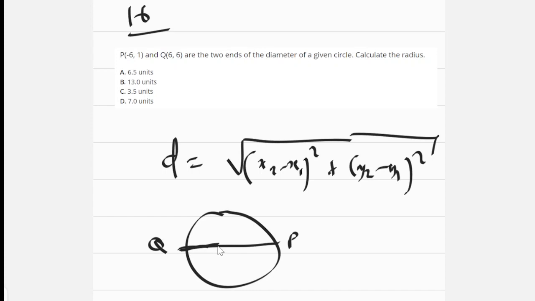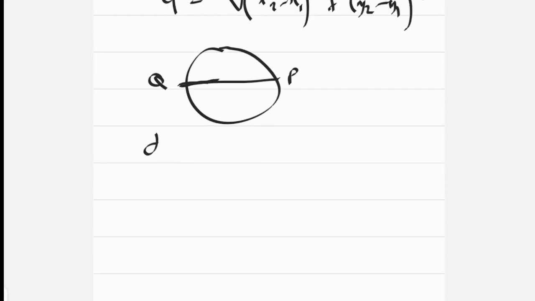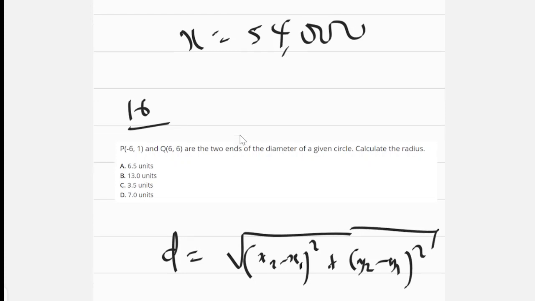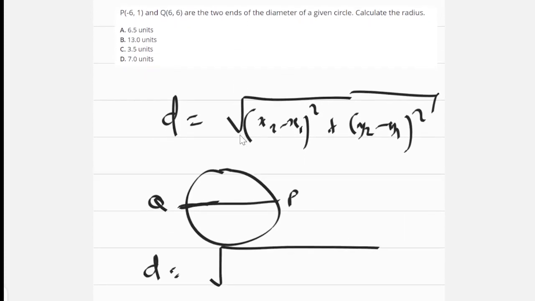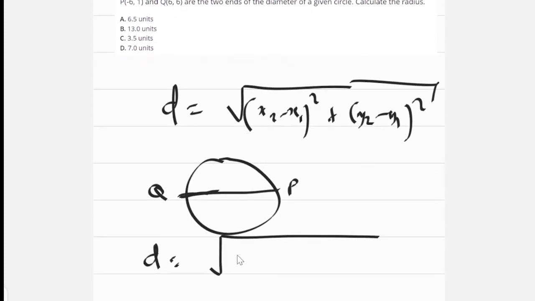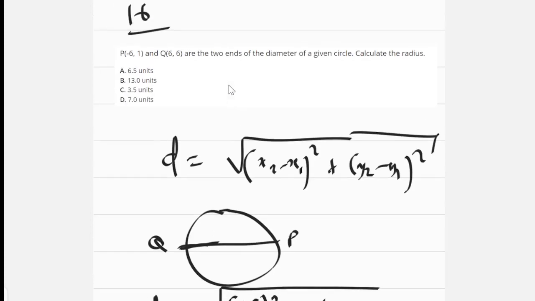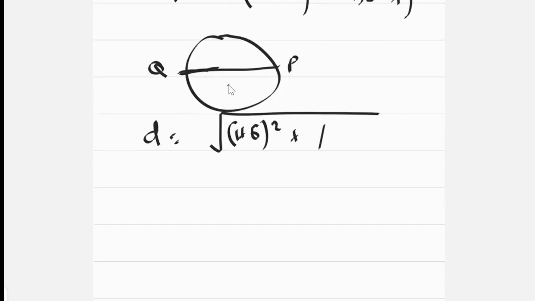From the diameter, we can find the value of the radius. So from there, you can just find your D, that is square root of x2 minus x1, that is 1 plus 6 squared, then plus y2 minus y1, that is 6 minus 6.